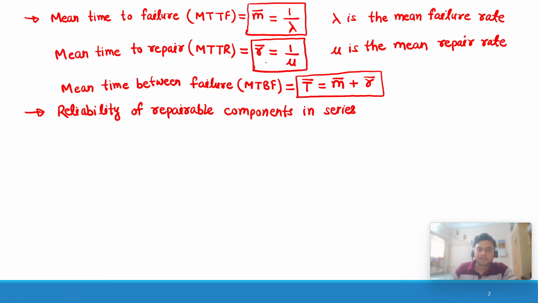If we combine them, we want to find the mean time to failure for the combined system.